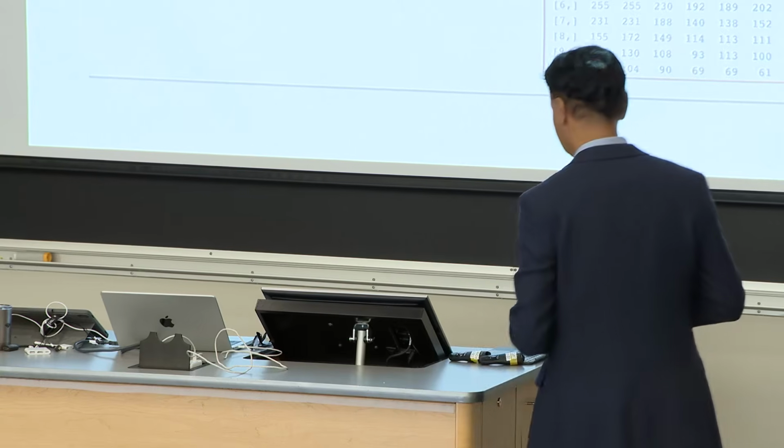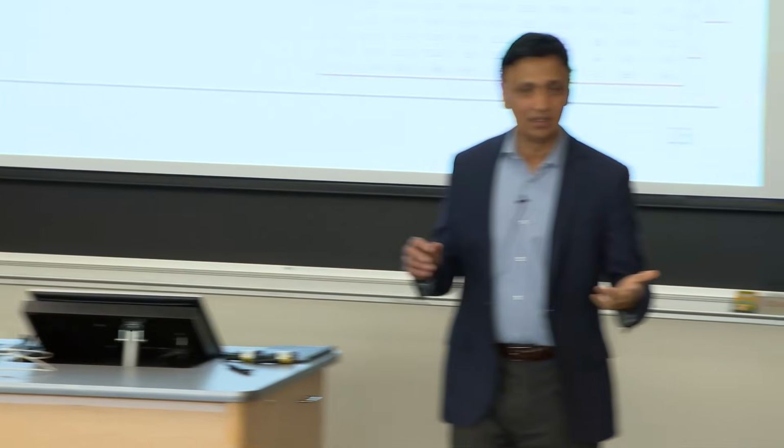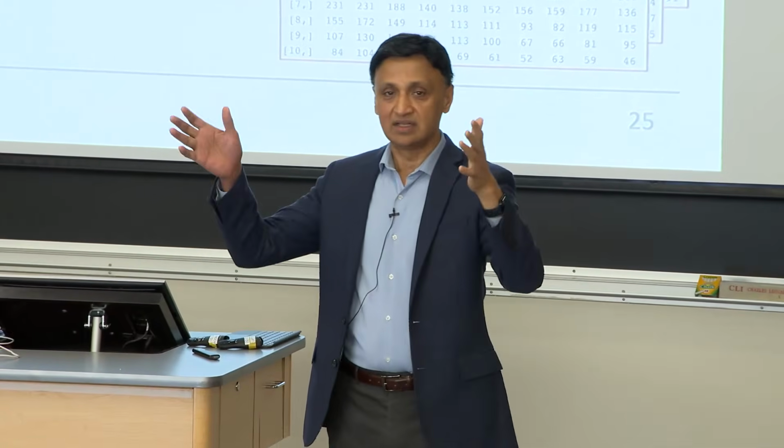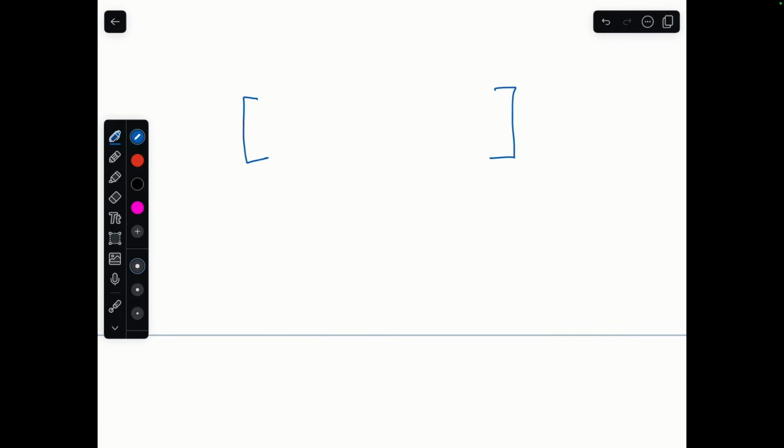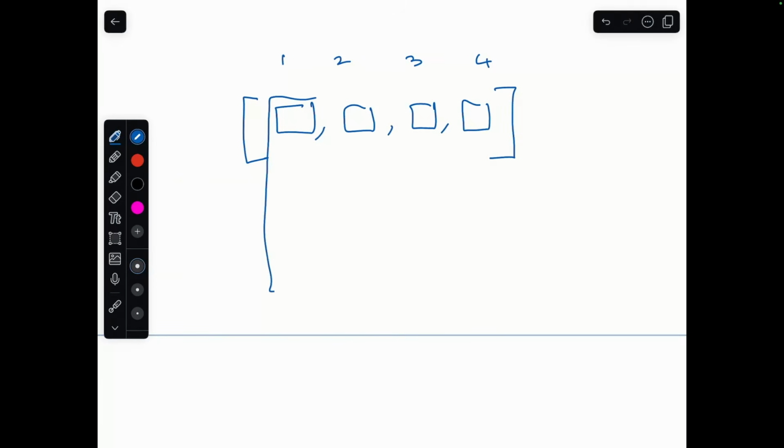The way I always think about tensors is as an array which has all these axes or dimensions. There's a first one, a second one, a third one, a fourth one. This is a tensor of rank 4. If it's just a vector, you can imagine the vector living like this, just a list of numbers.